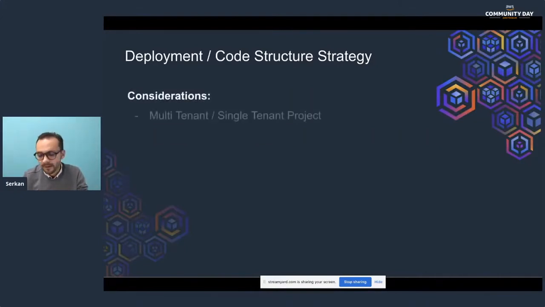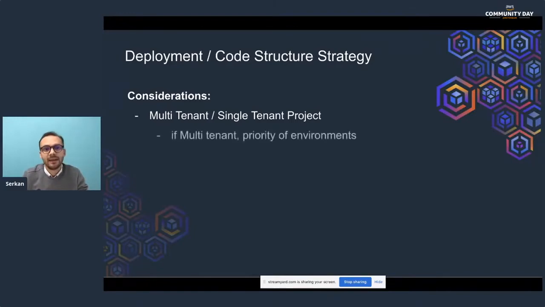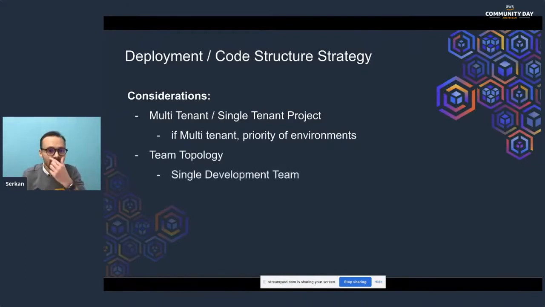There are some considerations you should keep in mind in order to define your deployment strategy, but also the code structures. They are whether you have a multi-tenant or single-tenant project, and what your team topology is. It really makes a difference. If you have one single development team, it's different. If you have multiple development teams, it's different.